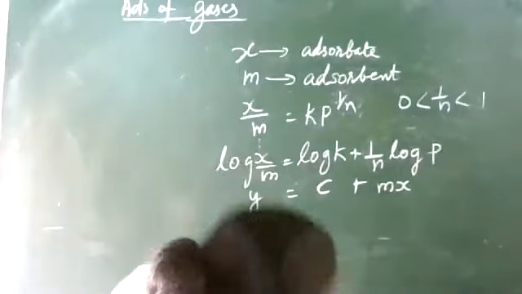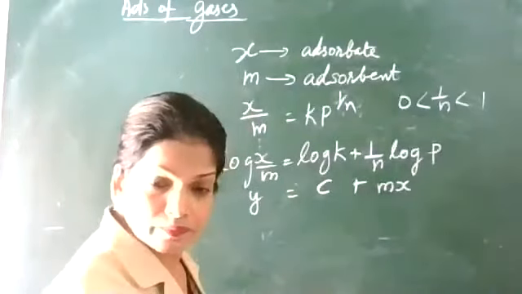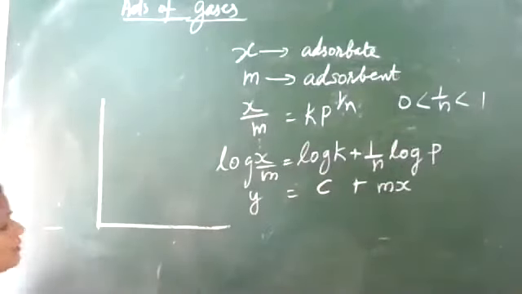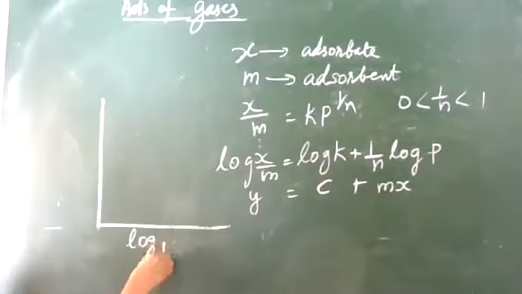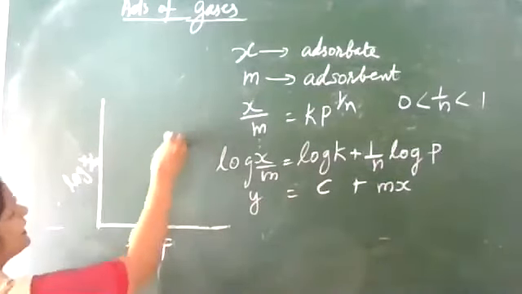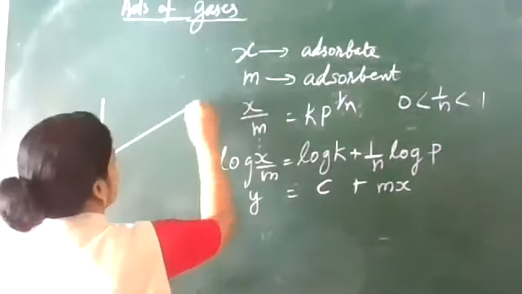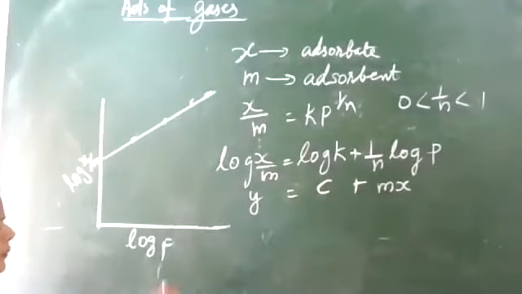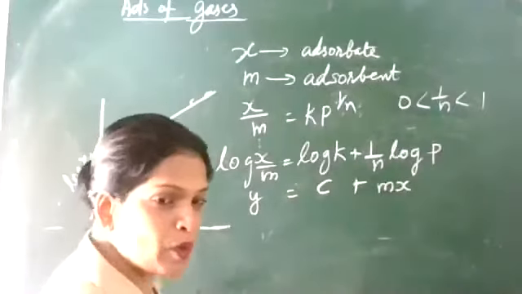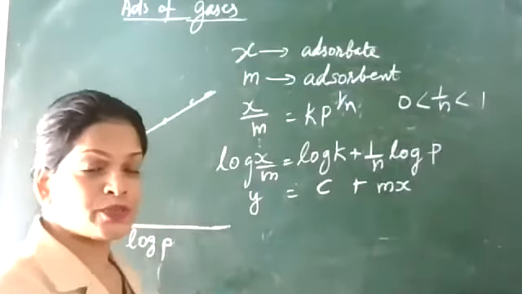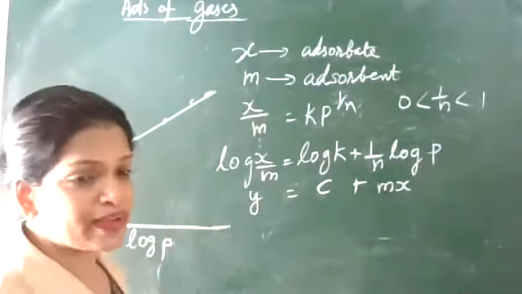Here I am taking log P and here log x by m. If you mark the points and join them and get a straight line, that shows that the Freundlich adsorption isotherm is verified.